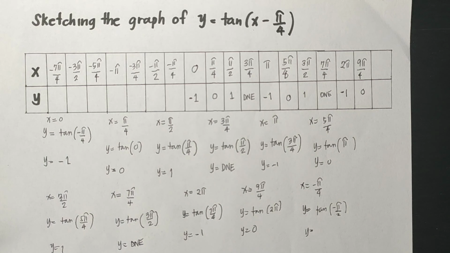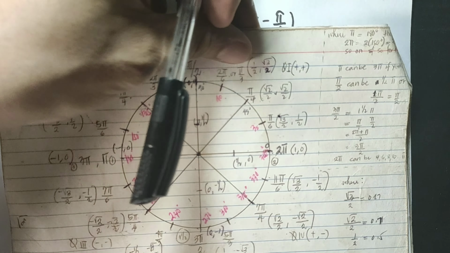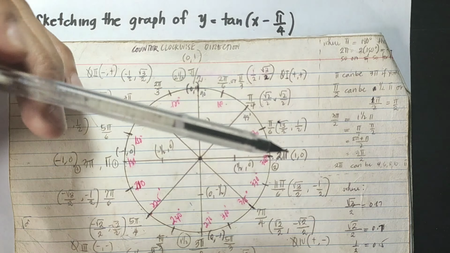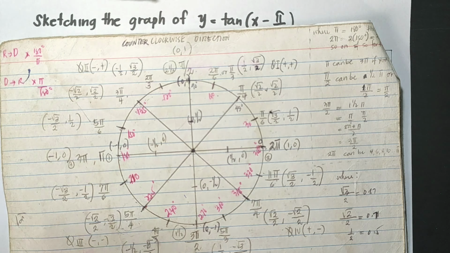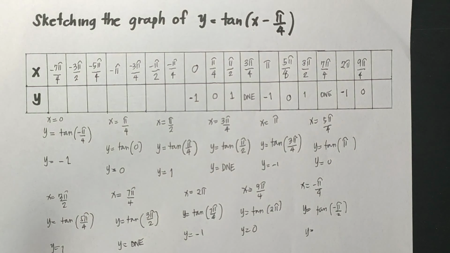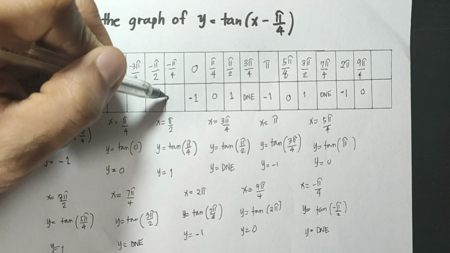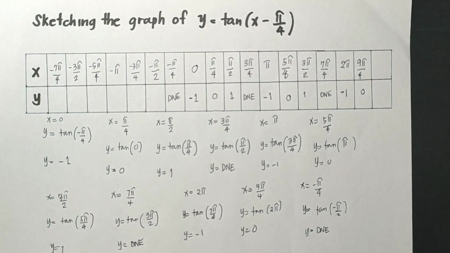So using our unit circle, it's negative pi over 2. Clockwise direction, negative pi over 2 is in here. So that is 0 comma negative 1. So tangent is negative 1 divided by 0. That will be undefined or does not exist. So we will write DNE in here.